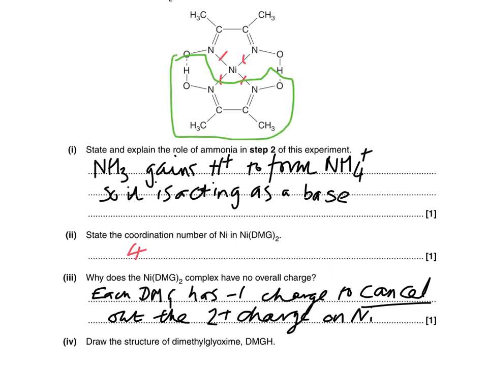So this is our molecule, but that's DMG, not DMGH. So we must have an extra hydrogen ion attached to this, and the most obvious place is going to be here. That's the place that's going to easily be able to accept a hydrogen ion.